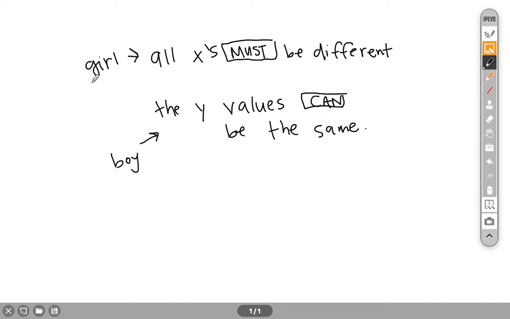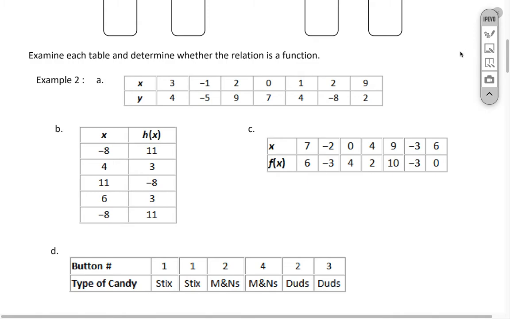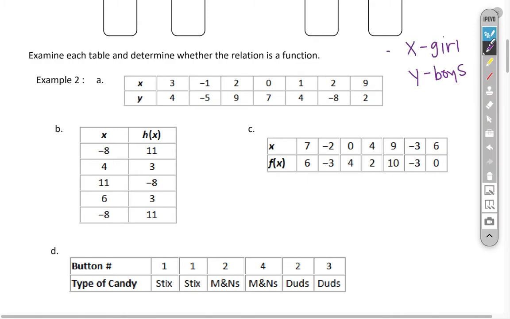So the girl can only have one boyfriend, but the boy can talk to whoever he wants. Obviously not in real life. We're just using this as an example for you to understand, is it a function or is it a relation? All right? So now that we think about that, let's keep our notes here where we know that x's must be different and y's can be the same.